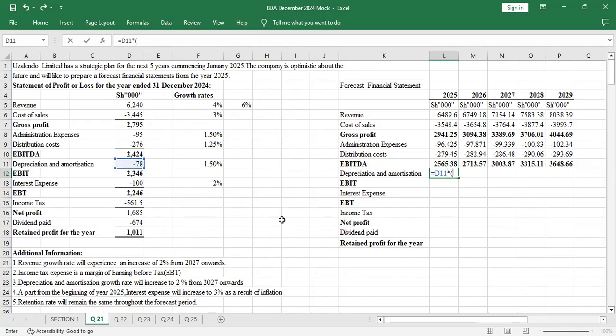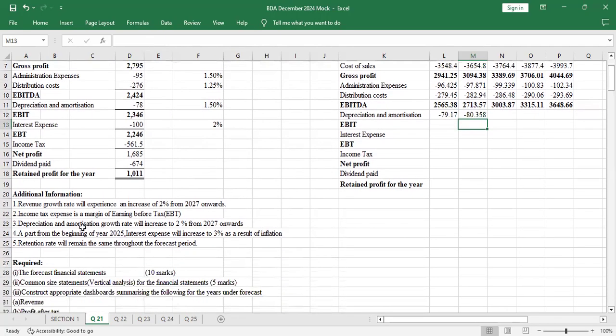So I'll multiply by bracket 1 plus the growth rate, and enter. Then for the second year, I'll do the same. I'll pick that, multiply by bracket 1 plus that growth rate, close the bracket, then I enter.